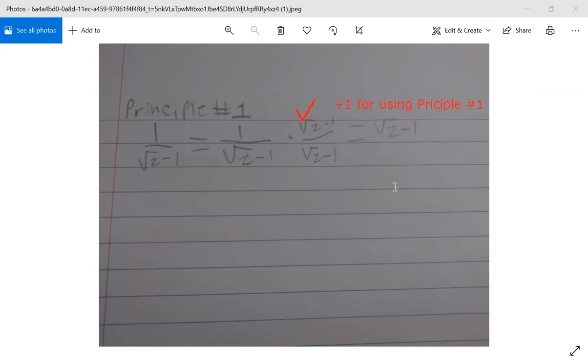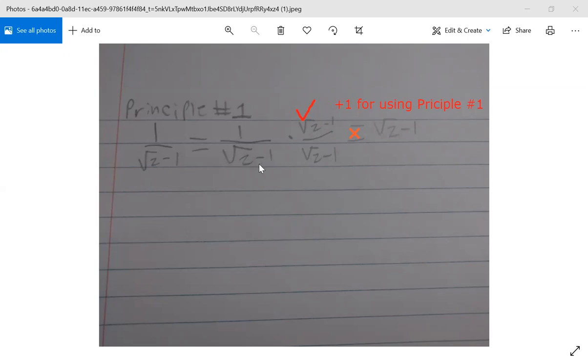And where does the mistake happen? The mistake happens here. He didn't show much work, but he seems to be telling me he multiplied root 2 minus 1 with root 2 minus 1. What he's telling me is root 2 minus 1 squared.